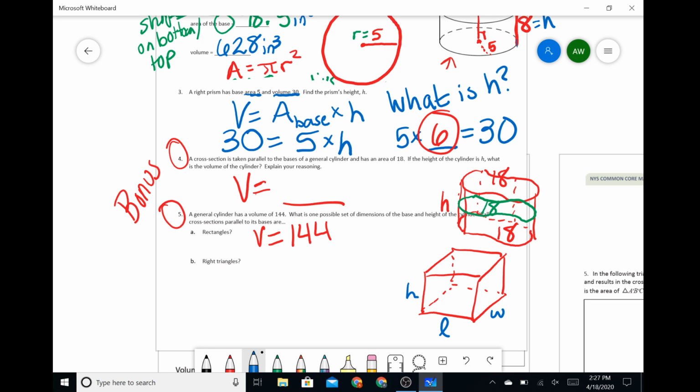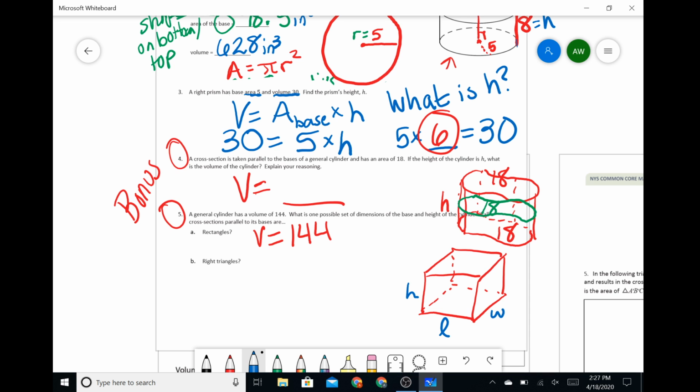So if my height is 12, that means that my area is also going to be 12, right? Because 12 times 12 is 144. So if I'm filling in this blank space, what times 12 is 144? The answer is 12 times 12 is 144.